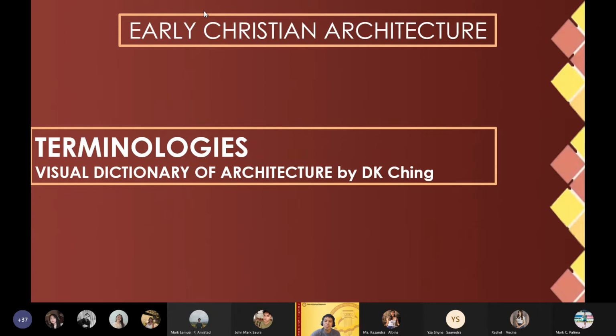Because this is the book from which the examiners, the question bank, take the terms. It is a very credible dictionary for architects. So if you have time, kindly browse through. All of these terms can be found in that book.